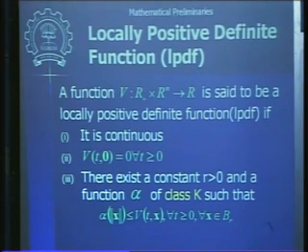So the first important concept is what is called a locally positive definite function, LPDF. Understand the way this function has been defined: here this function v takes an element of the positive real line and an element of the vector space Rn, and produces an element which belongs to the real line again.